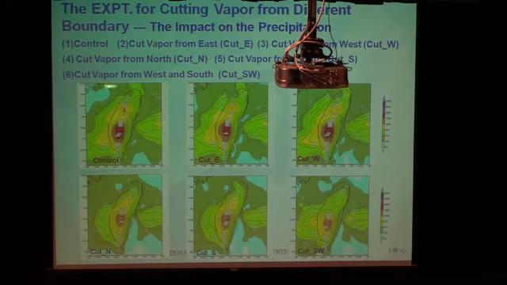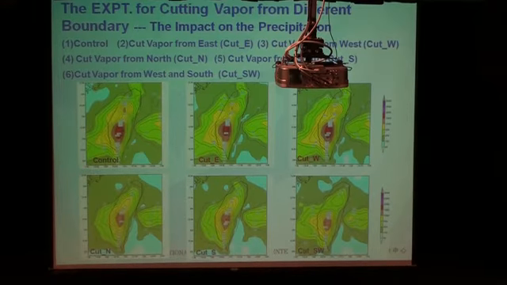But when they cut the water vapor flow from the southwest, this last diagram, you have this significant effect removed, and therefore much less precipitation. So again, it just emphasizes this interaction between the typhoon and the monsoon.